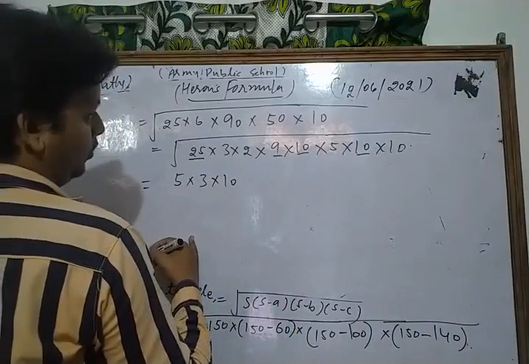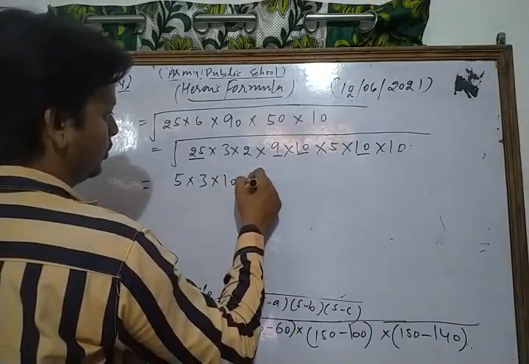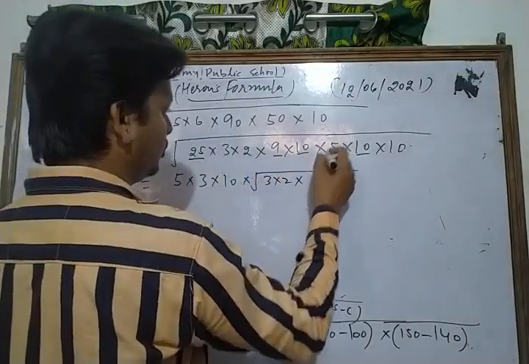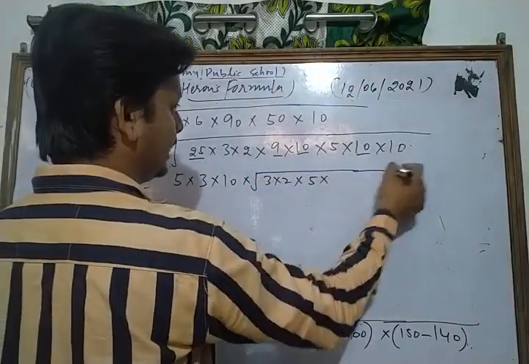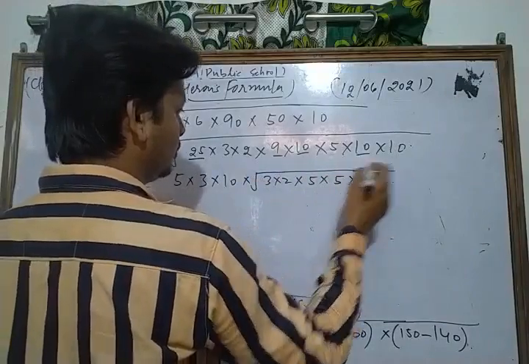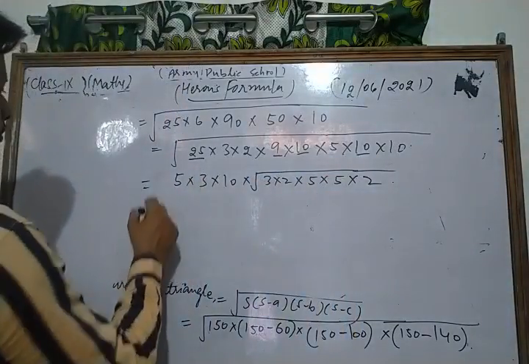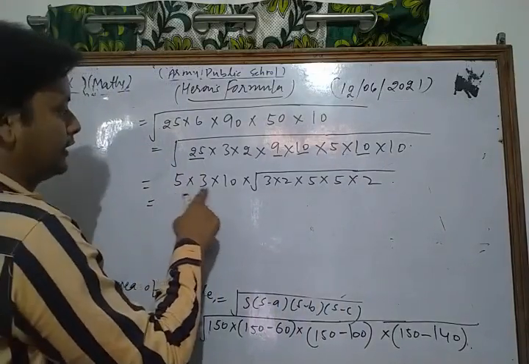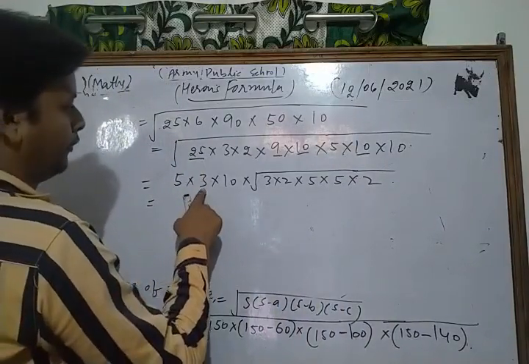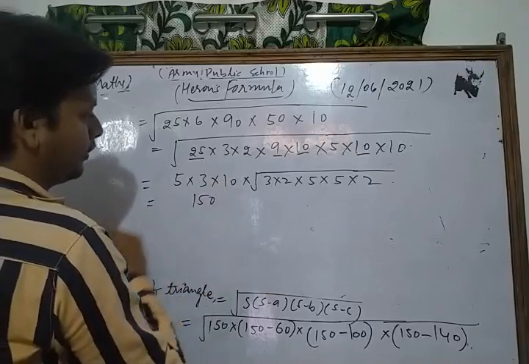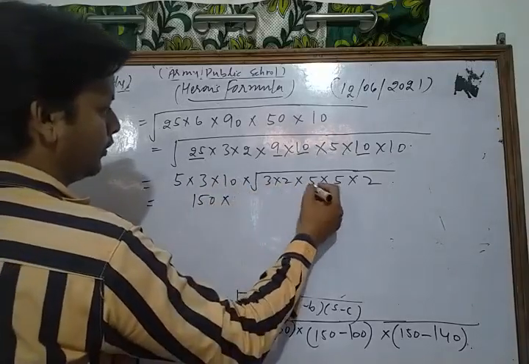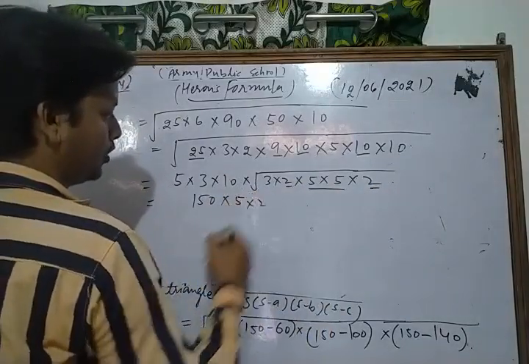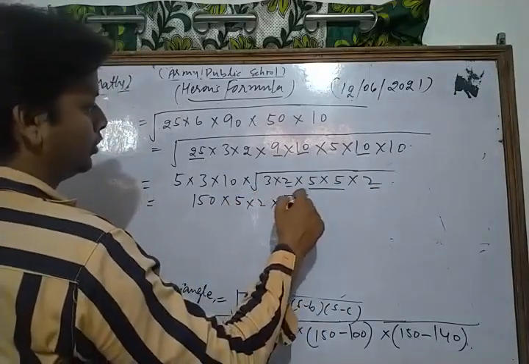Now in under root we have 3 into 2 into 5 into 5 into 2. 5 is in a pair, 2 is also in a pair, so 5 and 2 come out of the square root, and under root 3 is left.